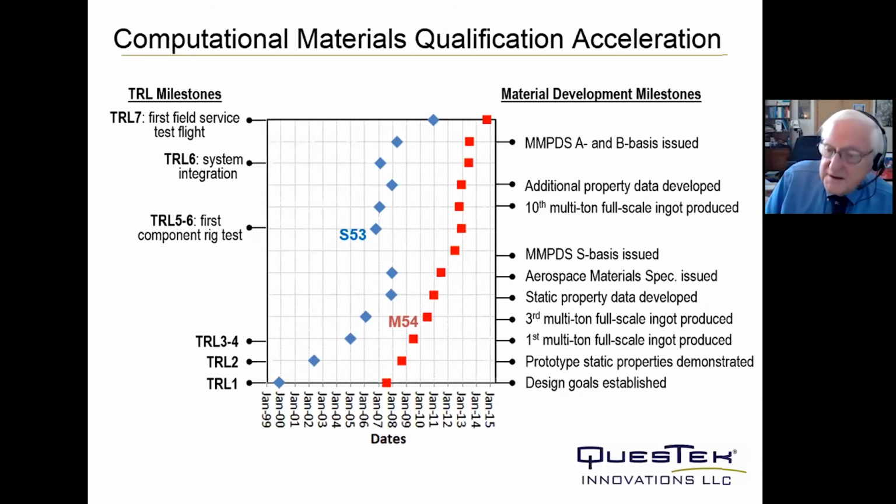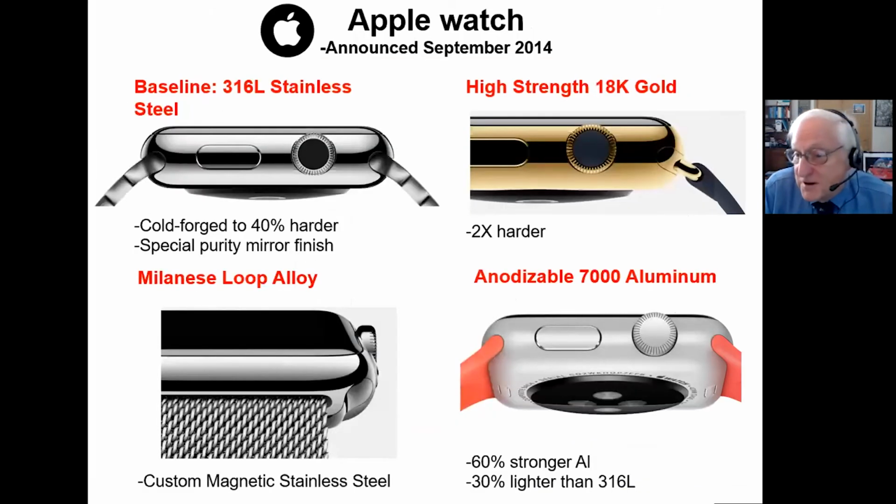And the historic example of that was the announcement of the 4 new alloys that were announced with the release of the Apple Watch in 2014. It's the first time that Apple advertised creating their own materials.